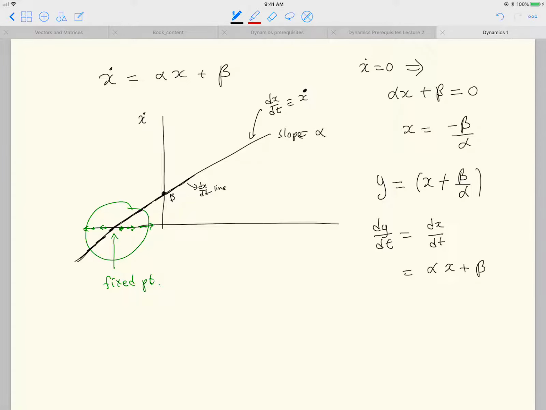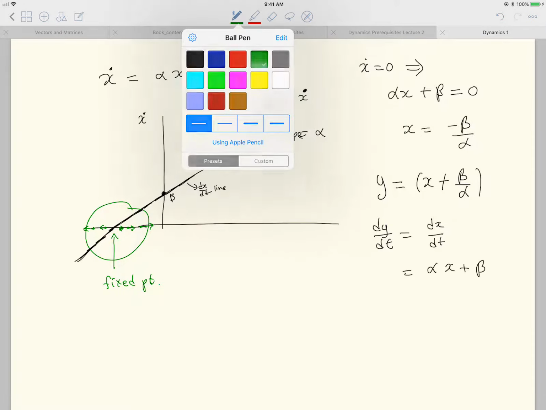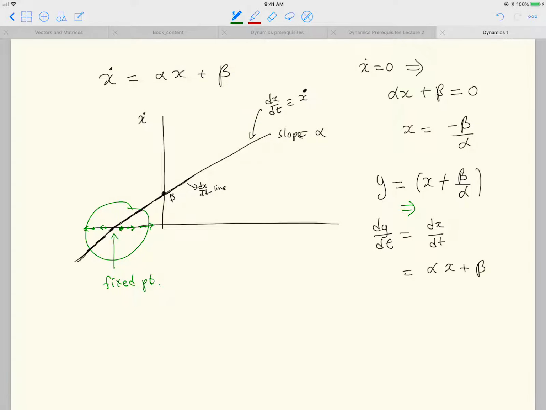But we know what x is in terms of y. Because y equals x plus beta over alpha also means that x equals y minus beta over alpha. So that means that down here we can write this out as alpha times y minus beta over alpha, plus beta. Why am I doing that? Because now I've got an equation that's purely in terms of y. Right? So I had a description in terms of x, and now I'm turning it into a description in terms of y.